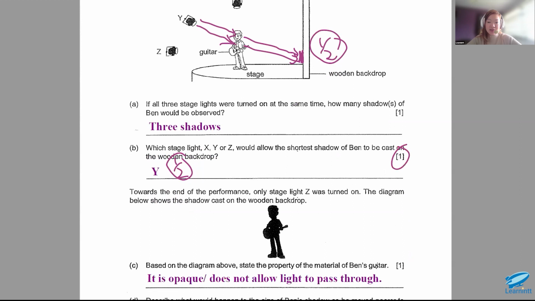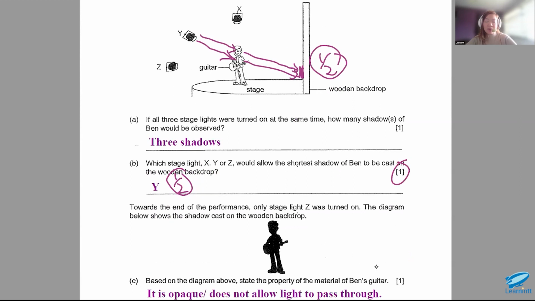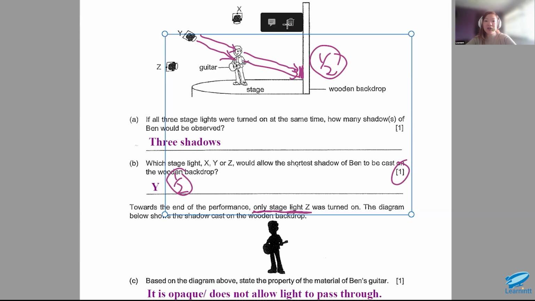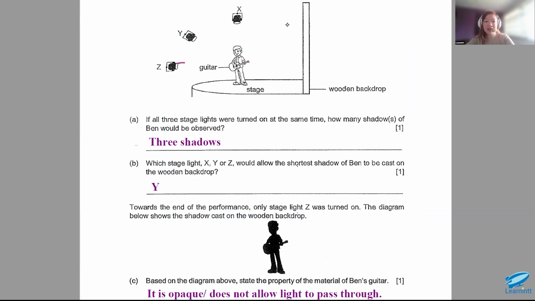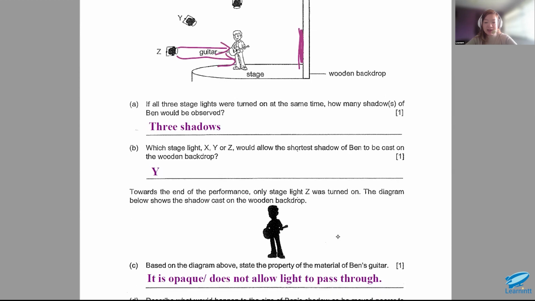Next, this one. Towards the end of the performance, only stage light Z was turned on. So stage light Z, it's going to be like this, and then his shadow will be like that. Now, the diagram below shows the shadow cast on the wooden backdrop. Yes, obviously, it will be like this. Now, based on the diagram above, state the property of the material of Ben's guitar.